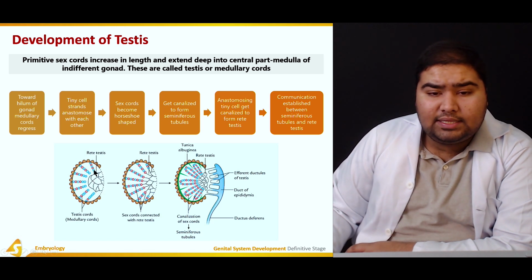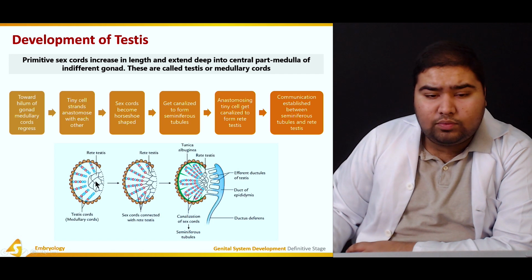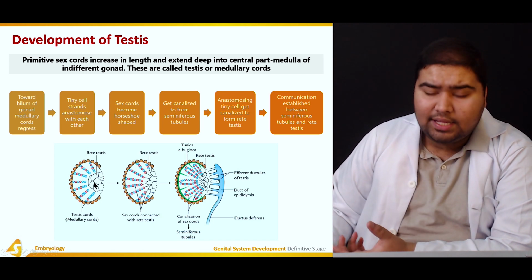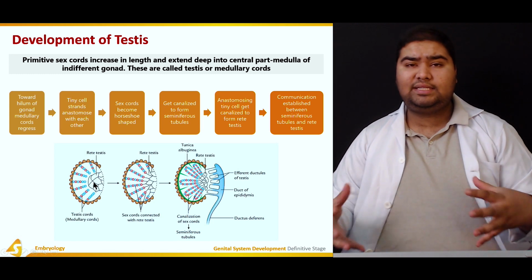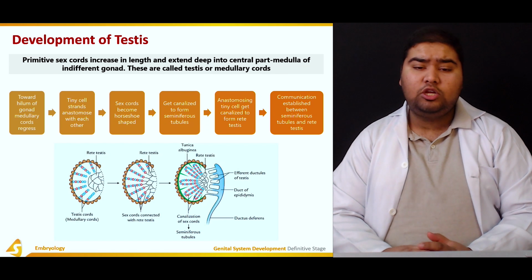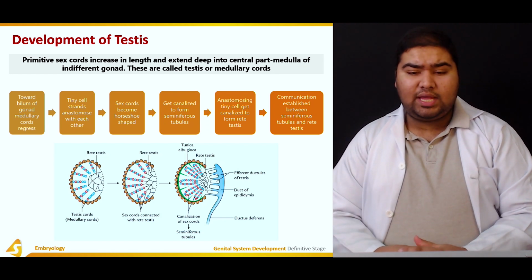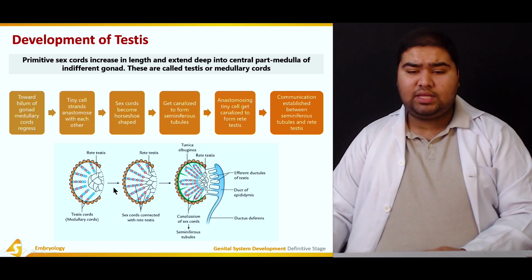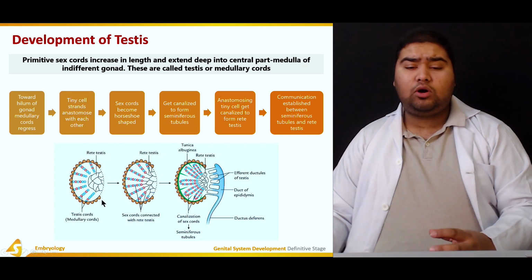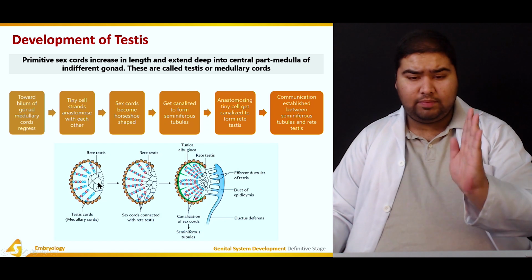Once they get towards the hilum, these cords now regress. The regression of the cord causes tiny cells which have been released from the cord to come together with each other and form a horseshoe-shaped structure. This horseshoe-shaped structure has been formed.